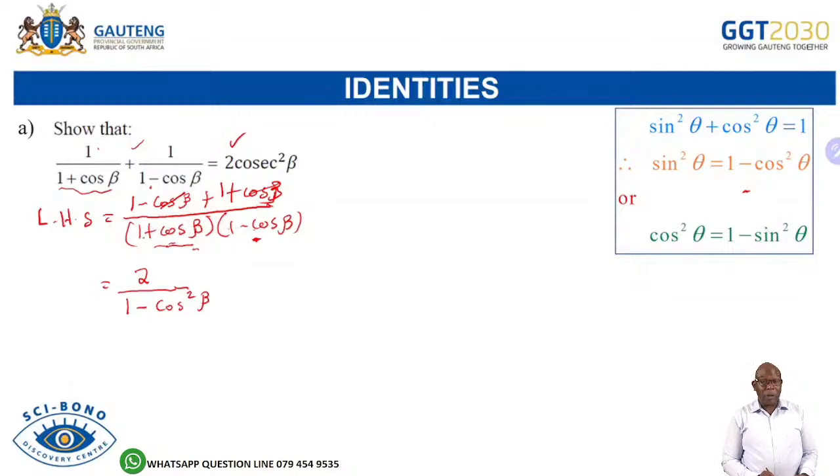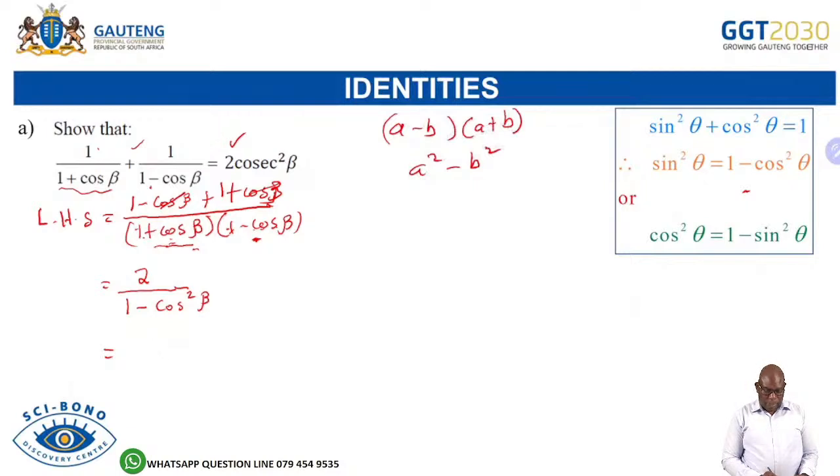Because 1 times 1 is 1, 1 times this is minus, and this is a positive, they cancel out. This and that will give us a negative cos squared of beta. Difference of 2 squares is the same as a minus b multiplied by a plus b, right, which gives me a squared minus b squared.